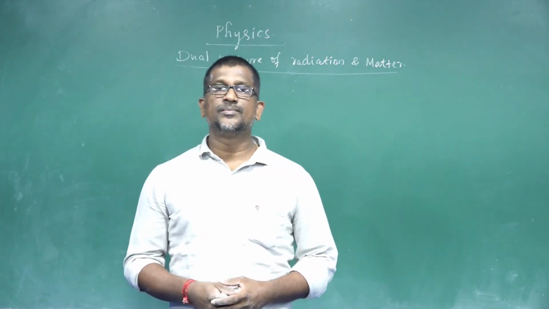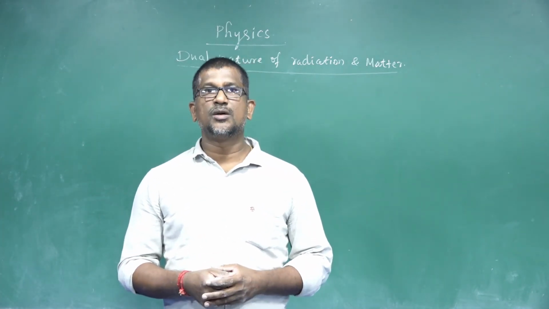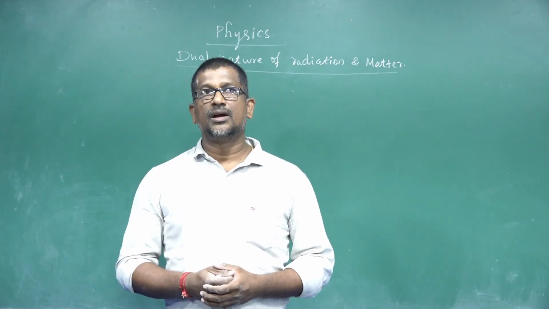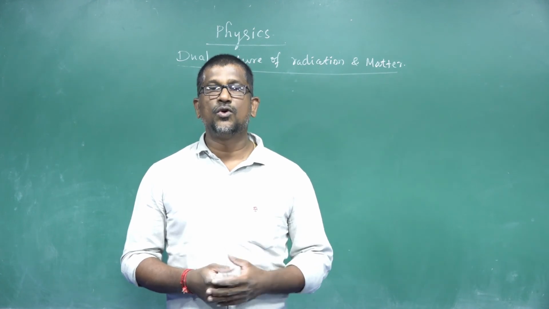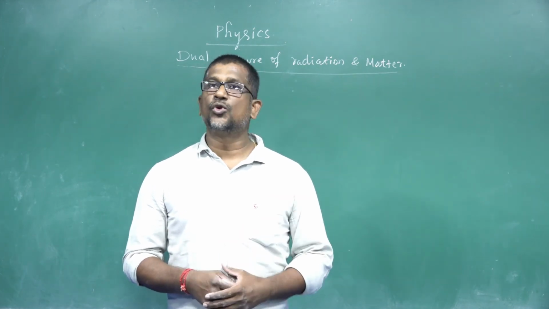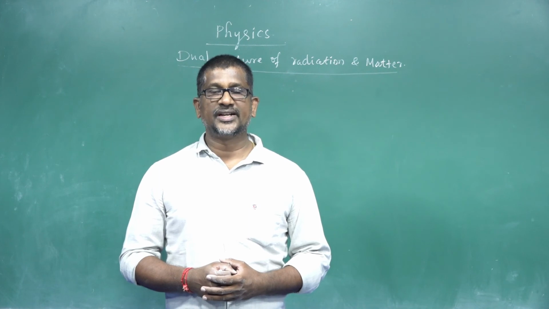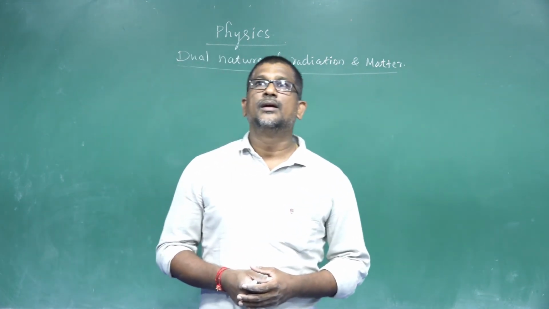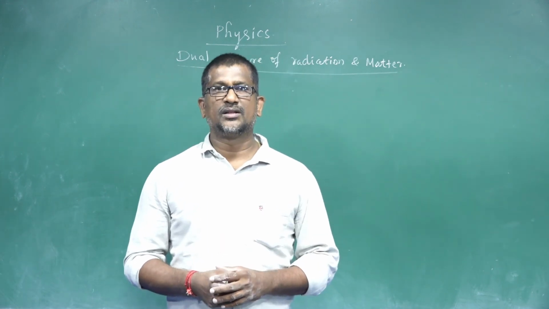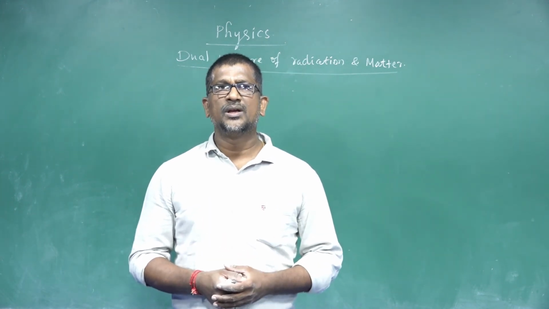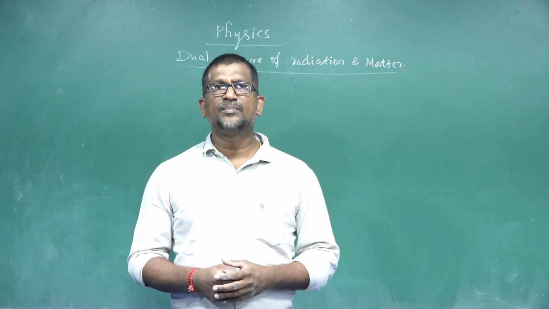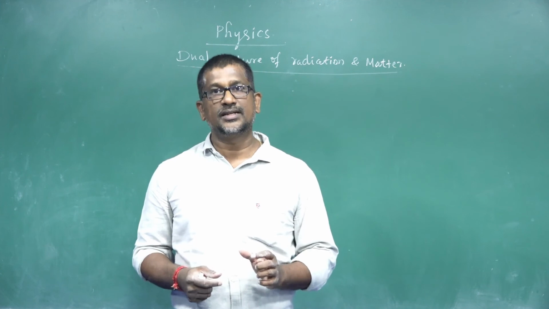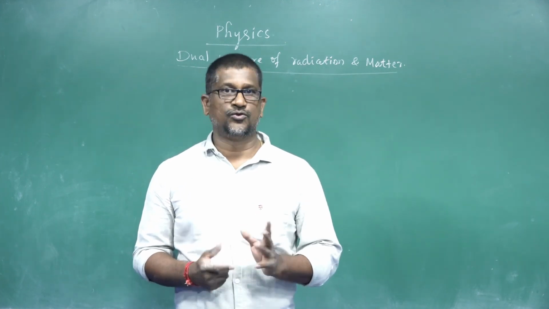Right, my dear students, so far we discussed the particle nature of light, that is Einstein's explanation, then the characteristic properties of a photon, and then Einstein's photoelectric equation. In this topic we discussed Einstein's explanation. According to Albert Einstein, the light energy emitted from the source does not spread out over the wavefront. It is concentrated in small packets of energy called photons.